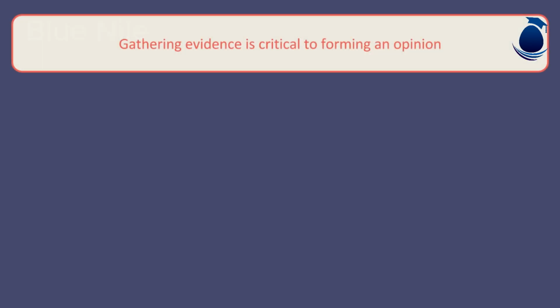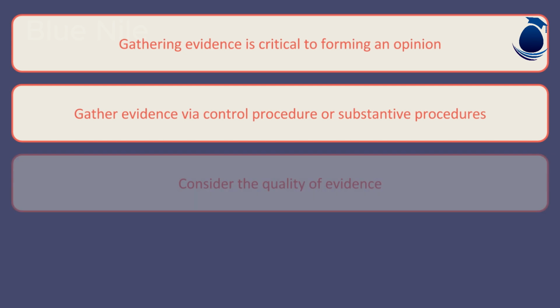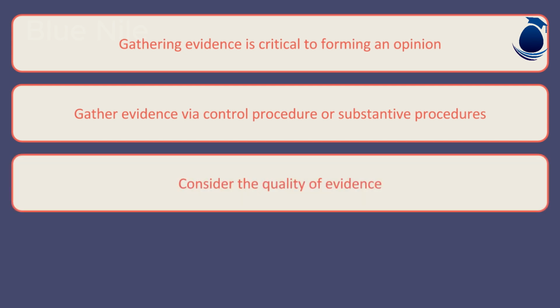Gathering evidence for the audit is critical in forming an opinion on the financial statements. Auditors identify what type of evidence is needed from the objectives. The auditor will either be gathering evidence via control procedures to test whether controls work, or via substantive procedures to test whether there are material misstatements in the financial statements. They must consider the quality of evidence that is required and available to them.